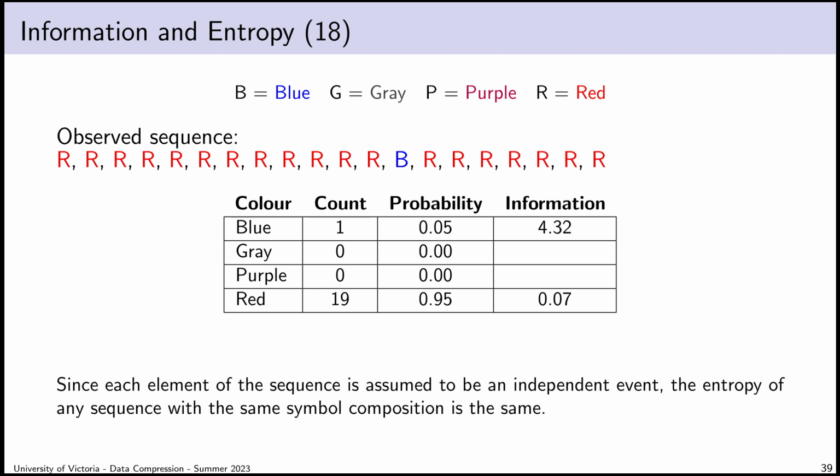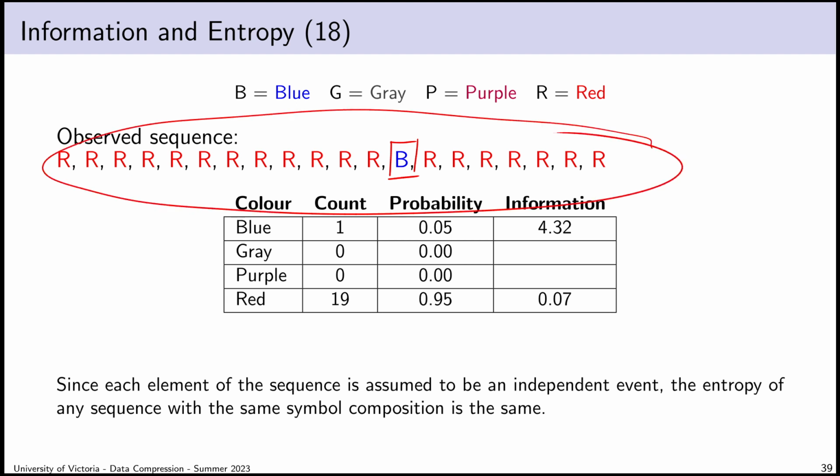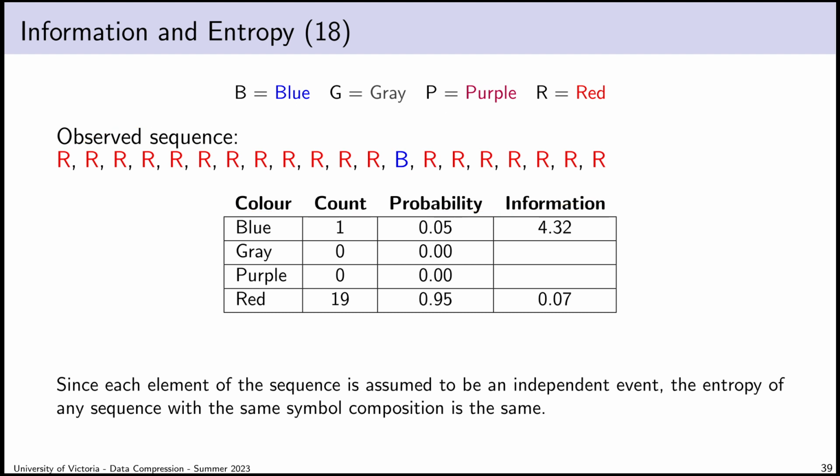One other observation, I was getting a bit ahead of myself a minute ago. I do have other points to make. One other observation to make here is this, because this is a sequence of independent events, the ordering of these events makes no difference to this calculation. So we are very tempted probably to look at this observed sequence and with our minds towards compression, think about stuff like, oh, I could use run length encoding. Yeah, maybe you could, but that's not what we're talking about right now.